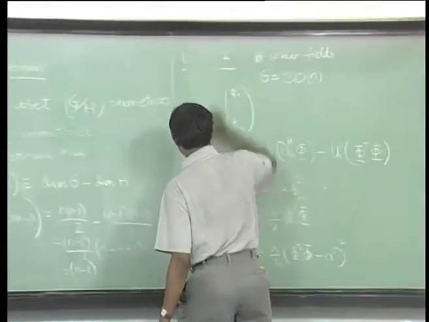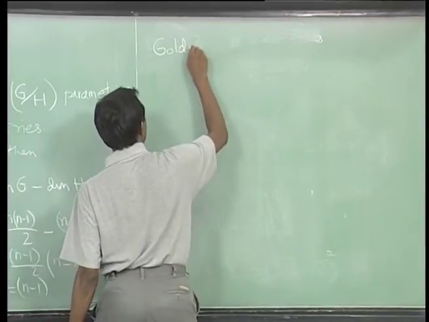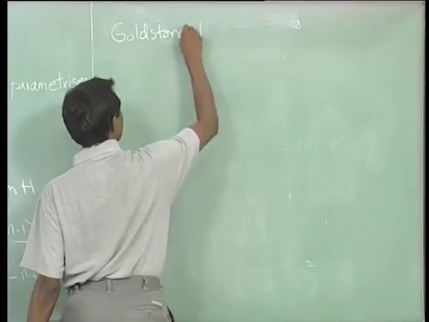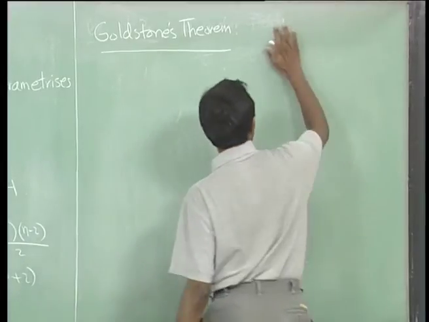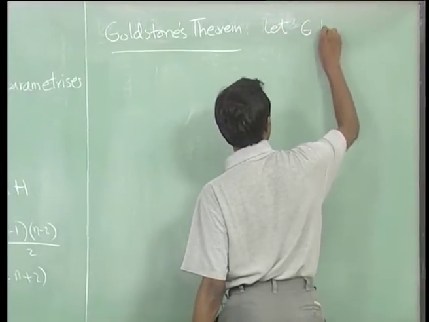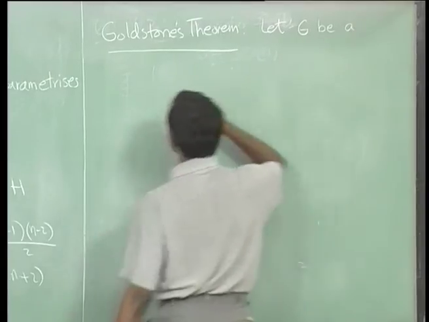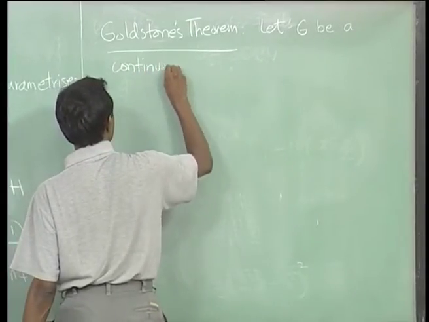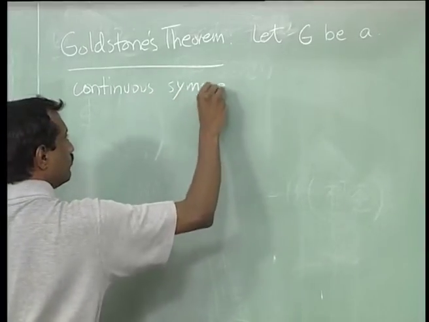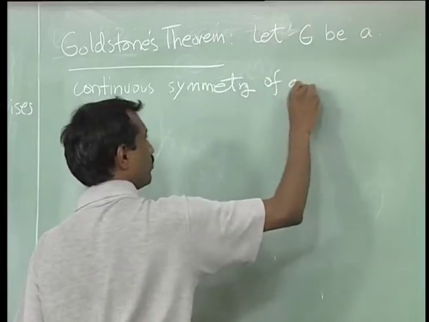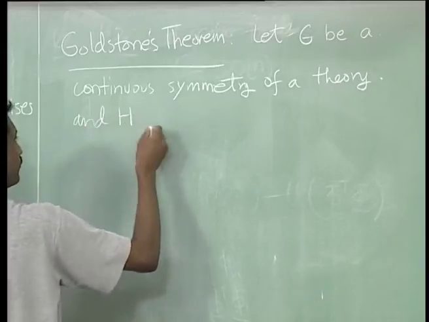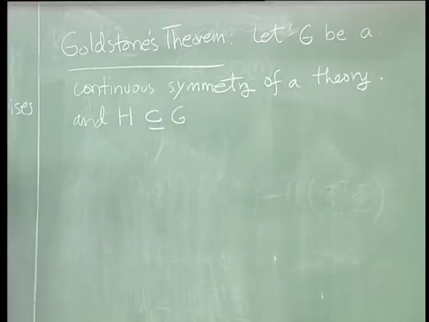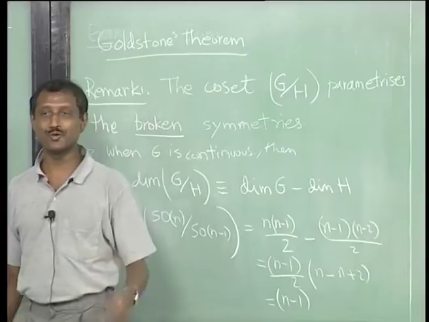So now I am ready to state Goldstone's theorem. Let me write it again. Let G be a continuous symmetry of a theory and H less than or equal to G. Just one comment: sometimes H can be some discrete group.